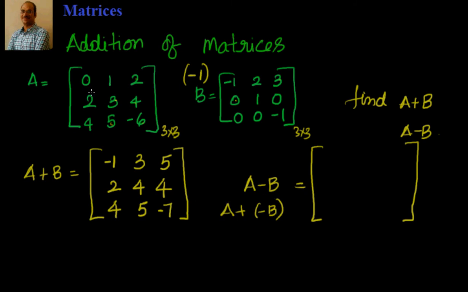A minus B. That means 0 minus of minus 1, that will be equal to 0 plus 1, which is 1.